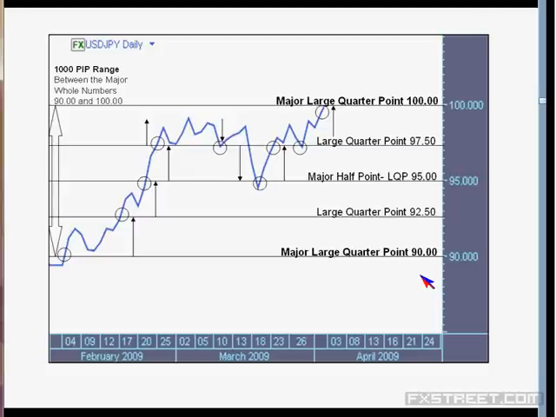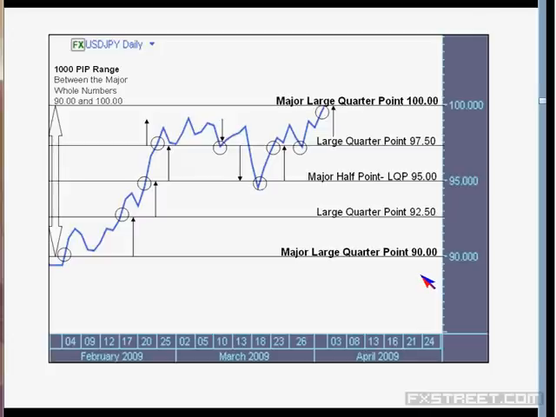A large quarter point. The repetitions of the series of large quarter completions from one large quarter point to the next, or reversals back toward the preceding large quarter point as a result of unsuccessful completion of a large quarter, regularly manifest themselves as recognizable price patterns in the daily fluctuations of currency exchange rates.